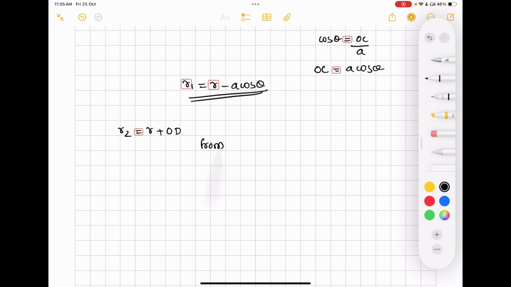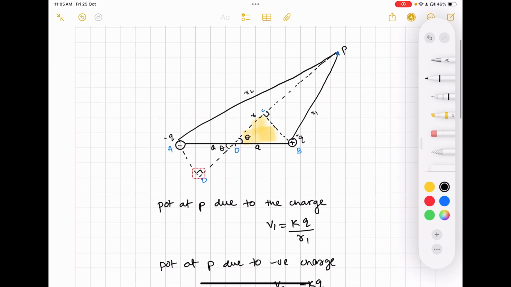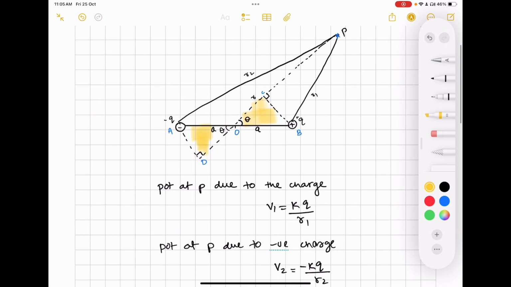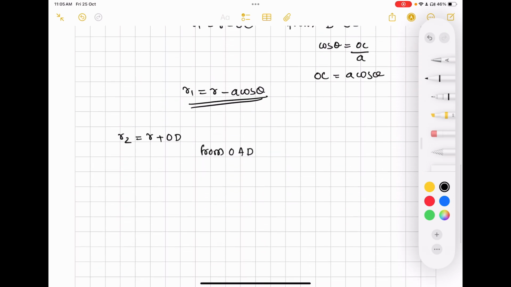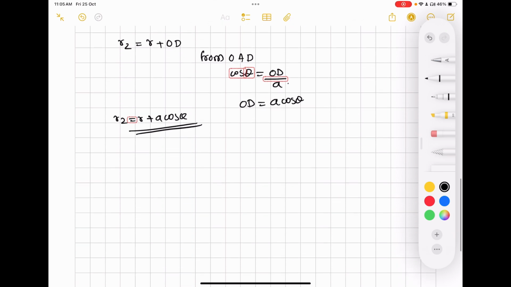From the triangle OAD we can find cos theta as OD by A, so OD is equal to A cos theta. So we can write R2 equal to R plus A cos theta. Now we got R1 and R2.